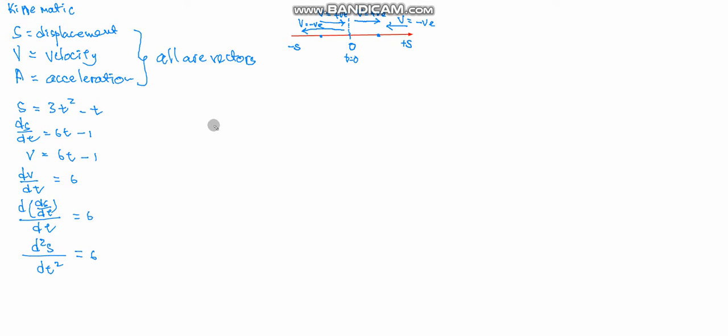Now let's look at the velocity. Say this is distance s, this is t. Let's say I have an s with a certain function.